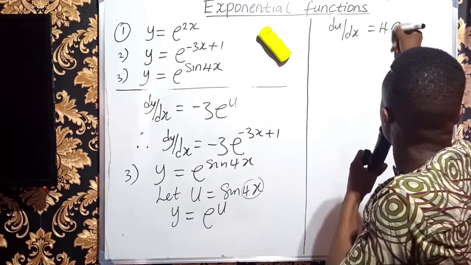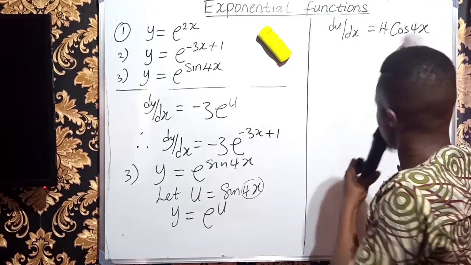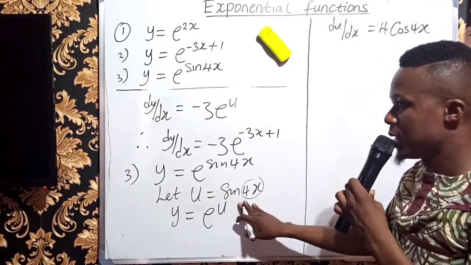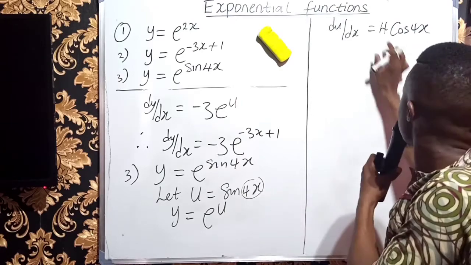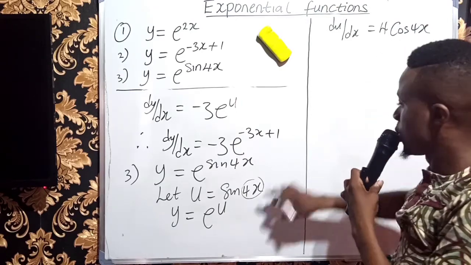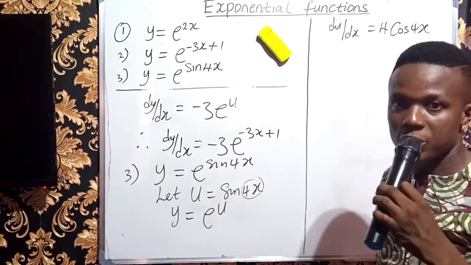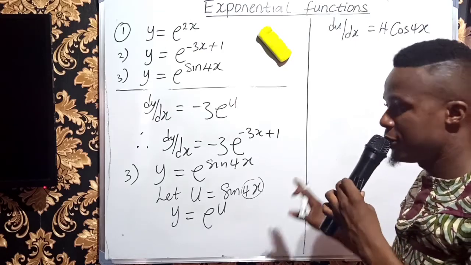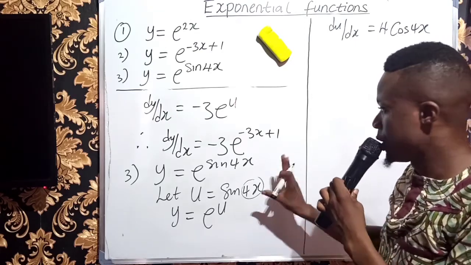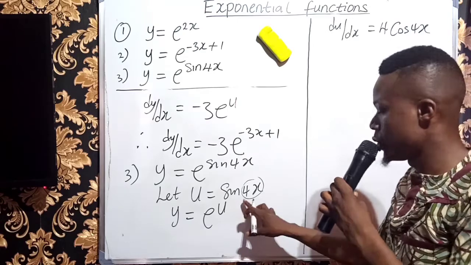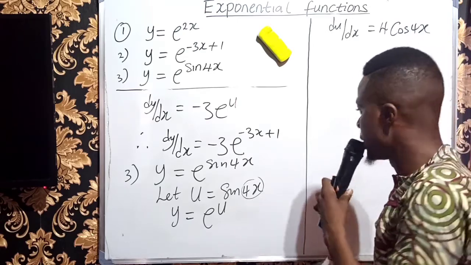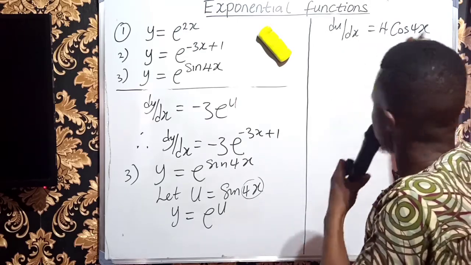So this will turn into 4 cos 4x. That is the derivative of this. Differentiating the 4x here is just 4 multiplying cos 4x, because sine changes to cos in the standard derivative. If you just watch my video on trigonometric differentiation, it will help you to understand this properly. Then that is my du dx.